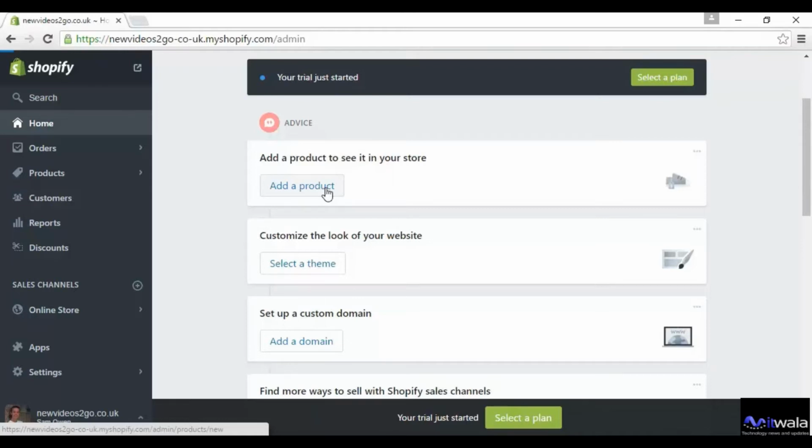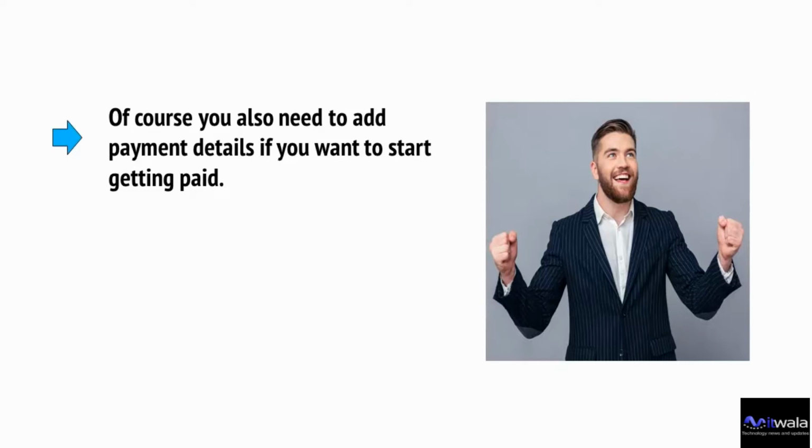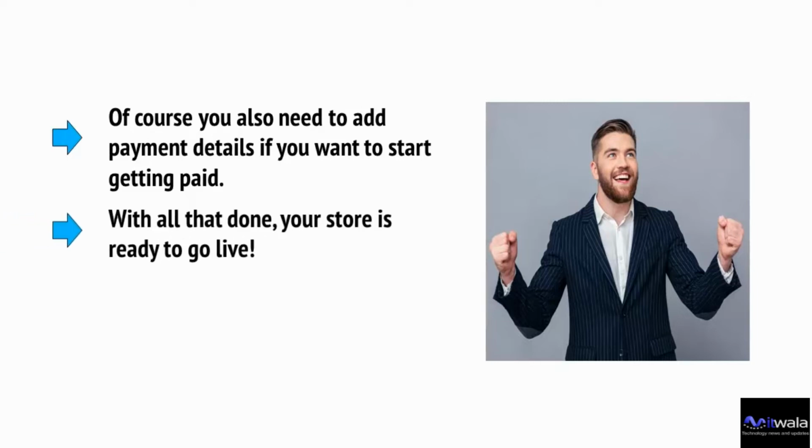You can give it a product type, vendor, etc. Then you want to add an image which you can upload from your computer. You want to make sure that it's a nice compelling image, something that's going to encourage people to actually make a purchase. Of course, you'll also need to add payment details if you want to start getting paid. With all that done, your store is ready to go live.